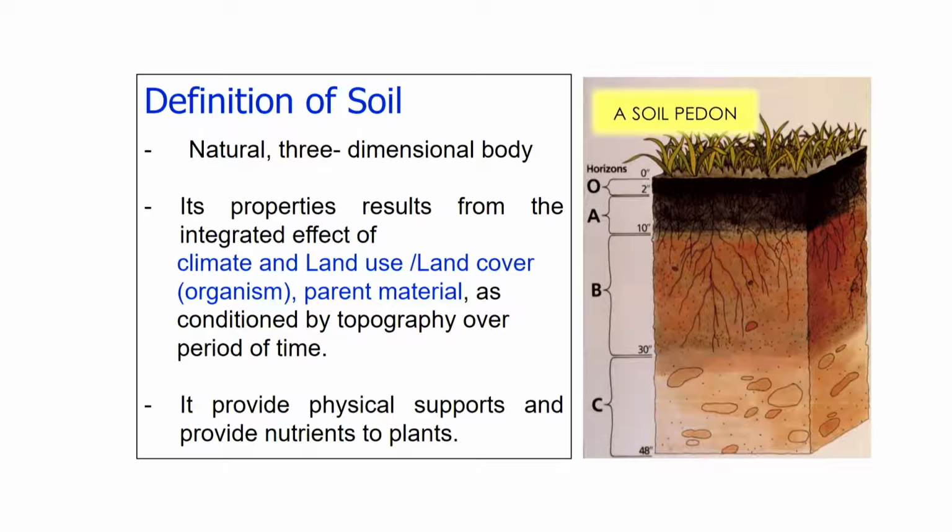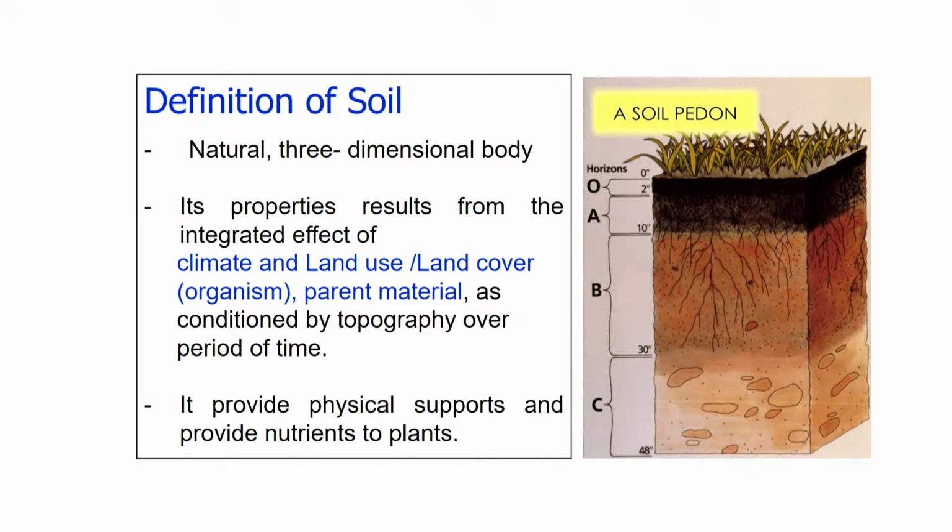The top layer is called the O horizon, which is more blackish in color, generally found in forest soils. Otherwise the top layer is the A horizon, the agricultural layer. B is the subsurface layer, where mostly the roots are concentrated, and the C layer is derived from the parent material, the weathering of the parent rock.